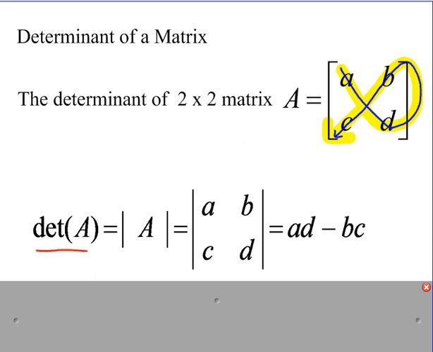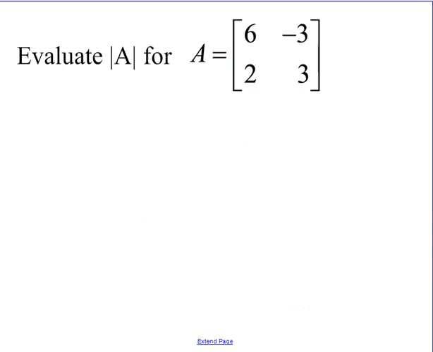So let's look at an example really quickly. So here's my matrix. It's 6, -3, 2, 3. And we want to find the determinant. So again, we do our motion. We're going to do 6 times 3 and then subtract -3 times 2. I'll just use my dots.